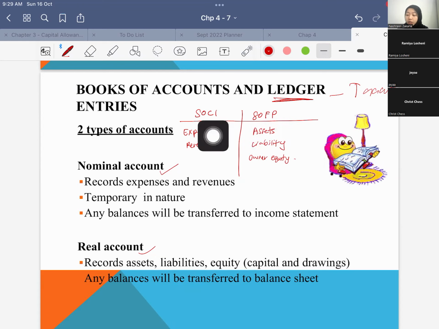Okay, SOCI or statement of comprehensive income is also called a nominal account. Okay, because nominal accounts will record only expenses and revenue kan? So betul tak? SOCI only records expenses and revenue too. So SOCI, statement of comprehensive income, we also call as nominal account.